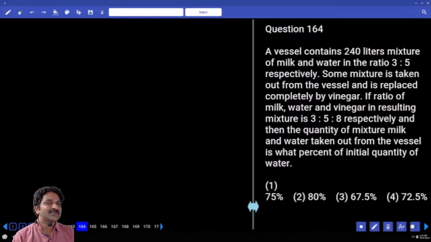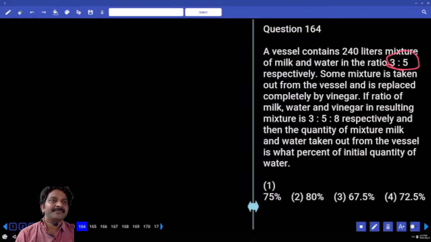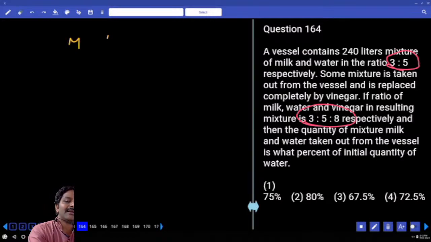Now in both cases the total quantity must be the same, right? In the first ratio how many parts do we have? In the second ratio, 16. In both cases it has to be the same, right? So in the first ratio we have 8 parts, so I will multiply it by 2 so that we get 16. Milk becomes 6 and water becomes 10.